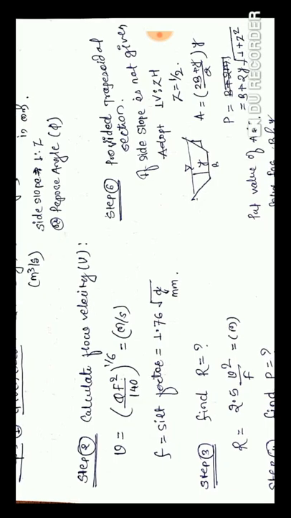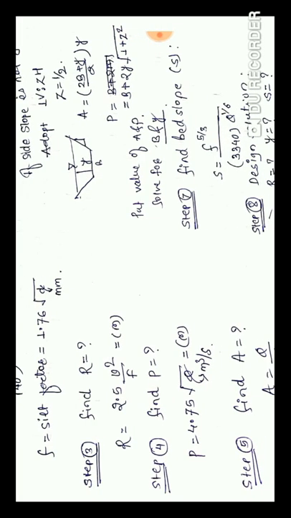Then in the third step we calculate the hydraulic mean depth, that is R is equal to 2.5 V square by f. V is in meter per second and f has no units, so we get hydraulic mean depth in meters.